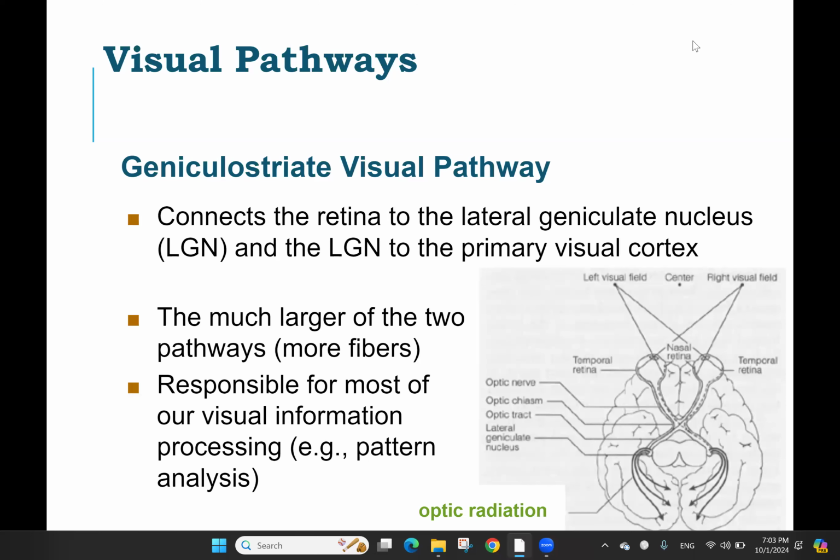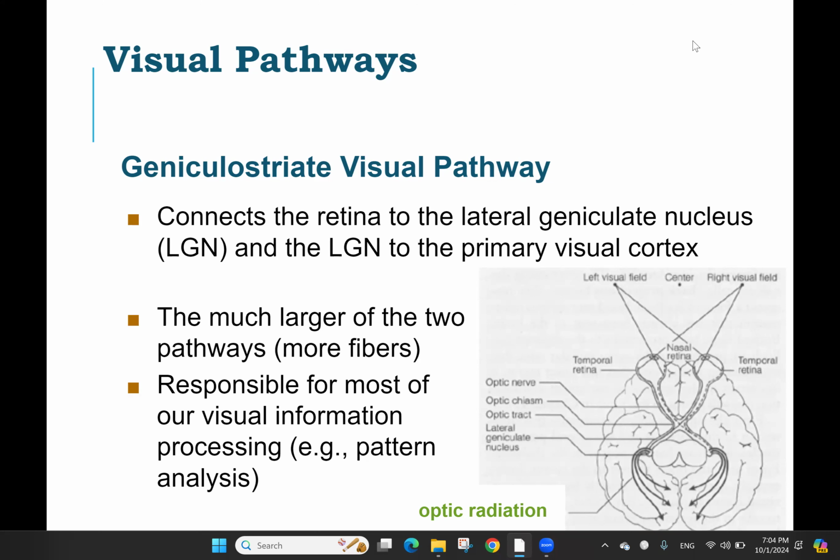Okay, so this pathway is called the geniculostriate visual pathway. There's another pathway that is smaller and much more evolutionarily older, where it connects the retina to the area called superior colliculus, and it's involved in eye movements and actions, and that pathway, we'll talk about it in a little bit.